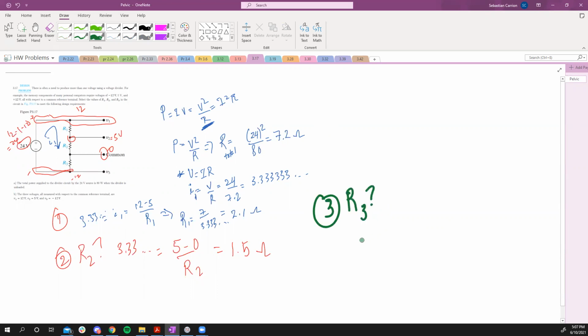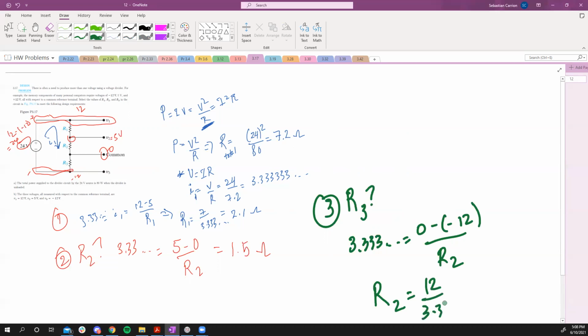And then for the third part, R3, 3.33 would be equal to 0 minus negative 12, so 12. R3 is equal to 12 divided by 3.333, which would be 3.6 ohms.